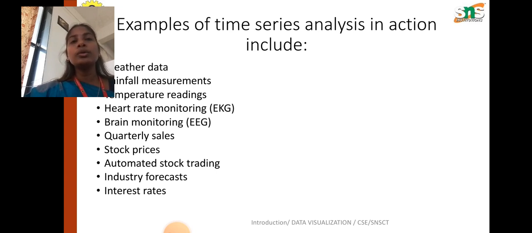Next, moving on to sales and human resources, we can easily collect the quarterly sales and stock verification of any departmental store or retail store, stock prices, then automated stock trading. Moving on to industry, there are industry forecasts.